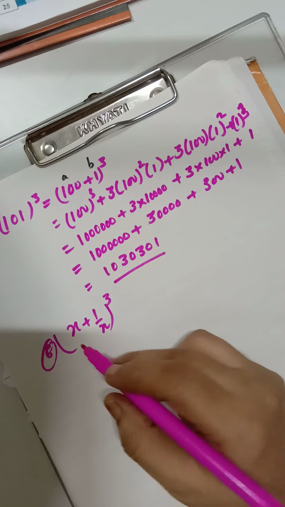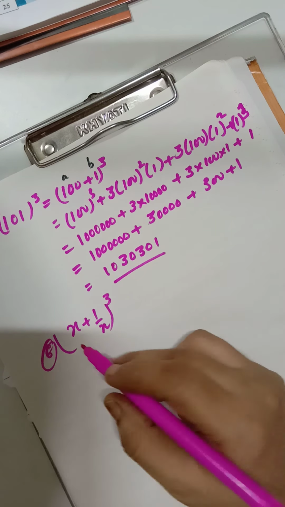So this is x cube plus 3 into x square, which can be written as x into 1 upon x, okay, I'm making it more clear, x into 1 upon x, okay. Now plus 3 into x into 1 upon x square, which means x into x, plus 1 upon 1 cube is 1, x cube will be x cube.